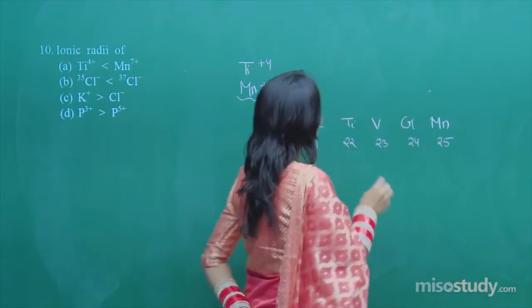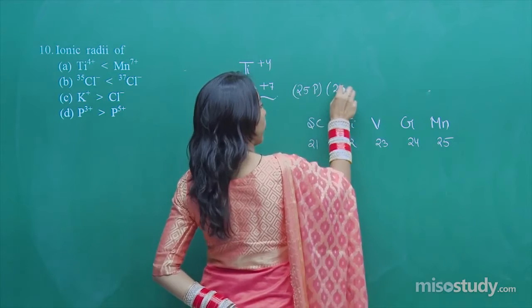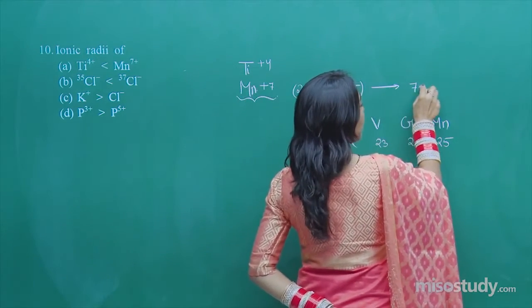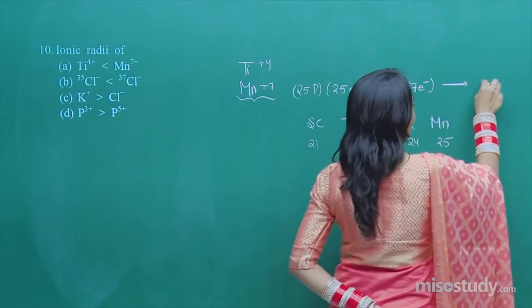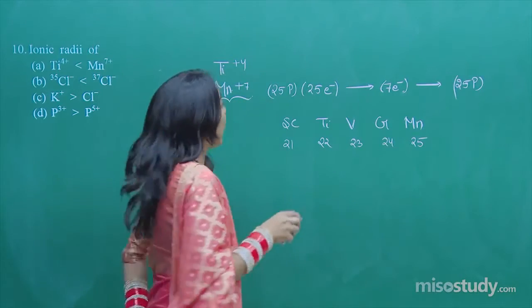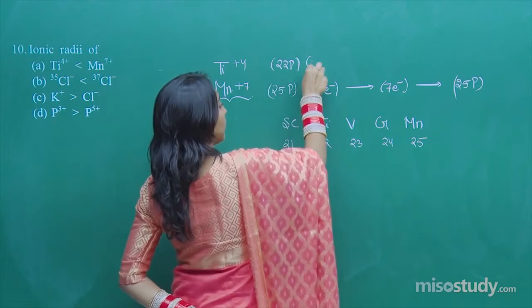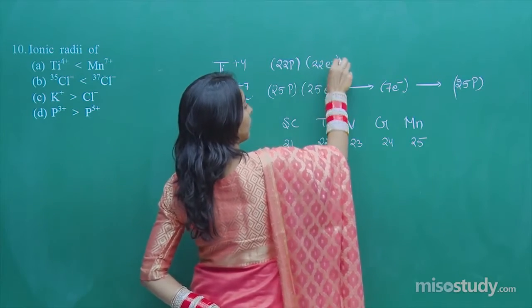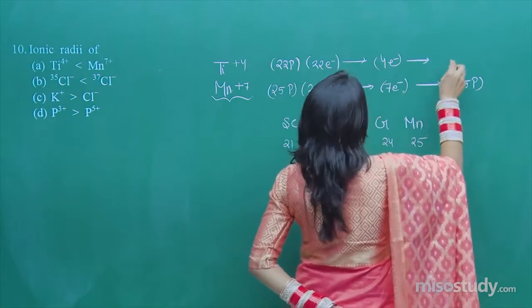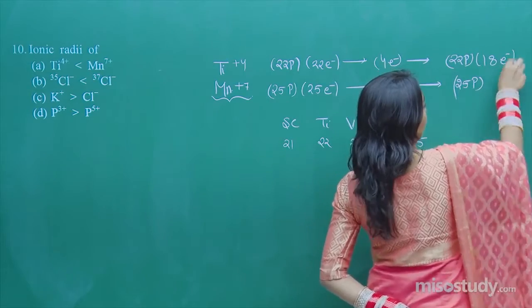So earlier manganese was having 25 protons and 25 electrons, out of which manganese lost a total of 7 electrons, but still it is having 25 protons. And in the case of titanium, it was having 22 protons and 22 electrons, out of which it lost 4 electrons, and now it is having 22 protons and 18 electrons.